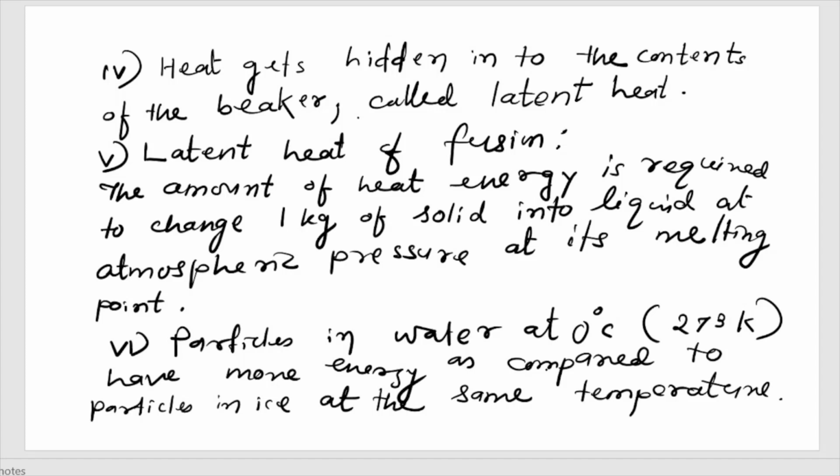How can you define or explain latent heat of fusion? It is the amount of heat energy given to change 1 kg of solid to liquid at its melting point, at atmospheric pressure.